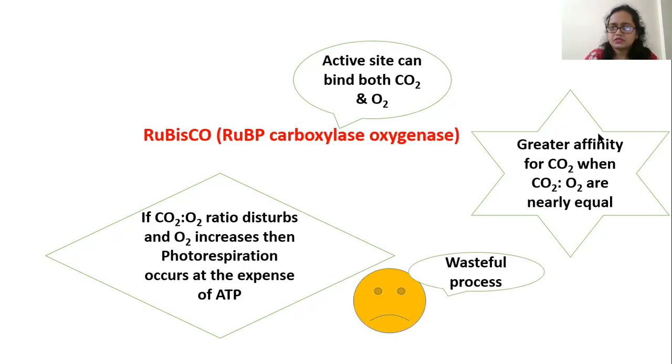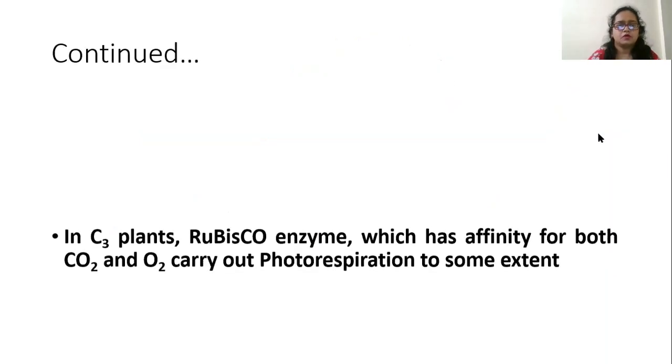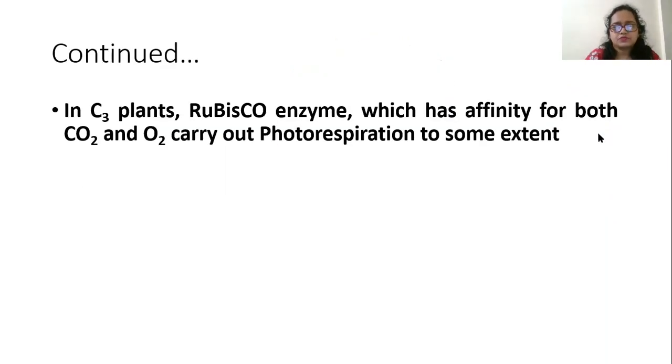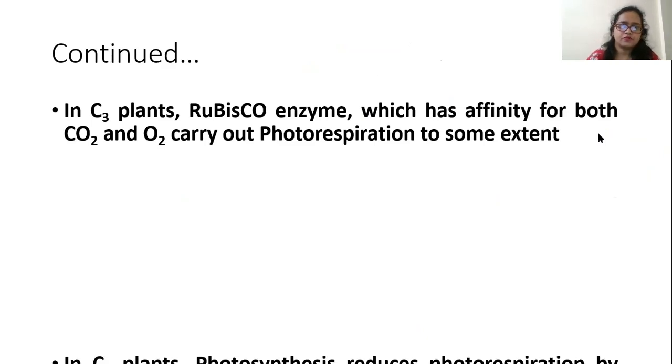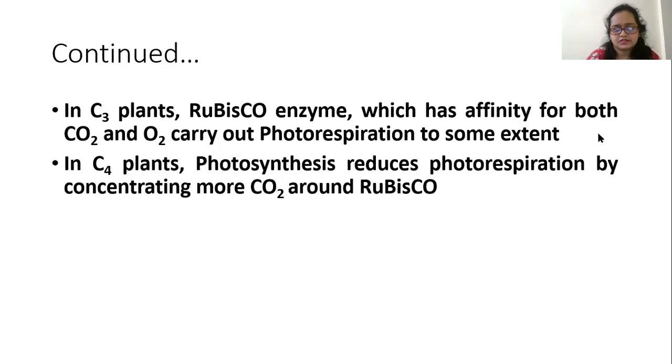But this happens in C3 plants only. It means that C3 plants are less efficient in comparison to C4 plants. We will study it further. Now, in C3 plants, the Rubisco enzyme, which has affinity for both CO2 and oxygen, carries out photorespiration to some extent.